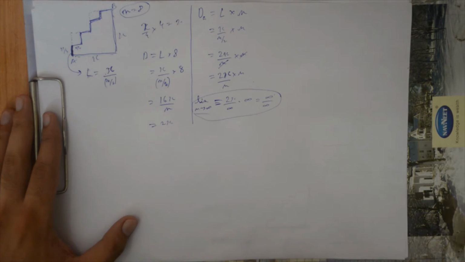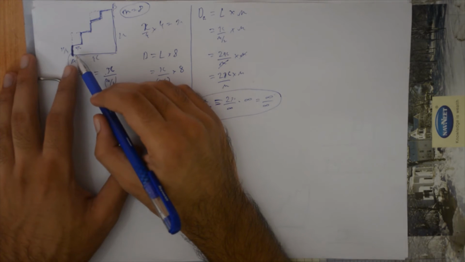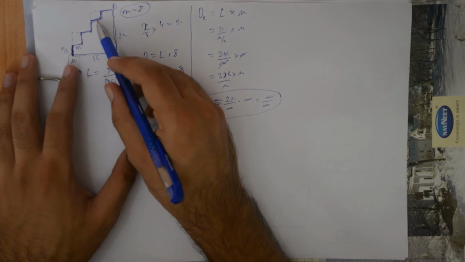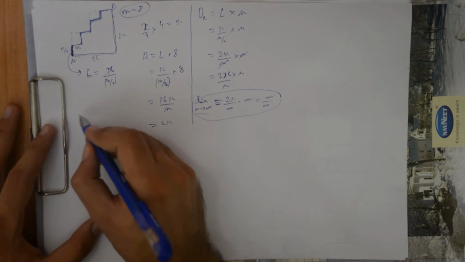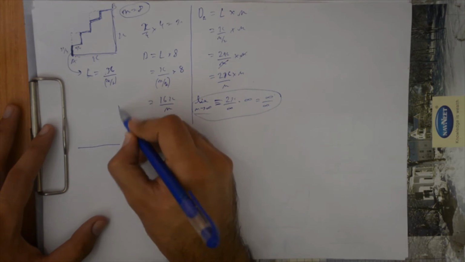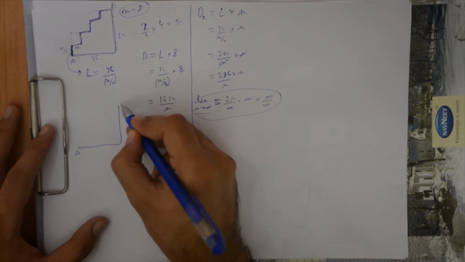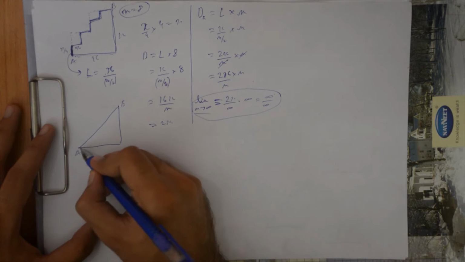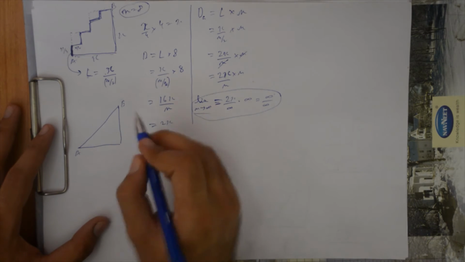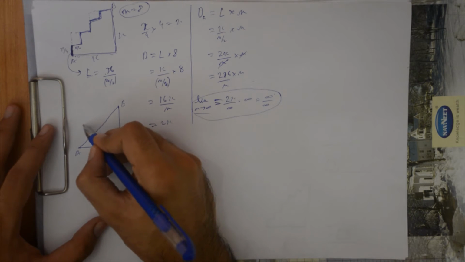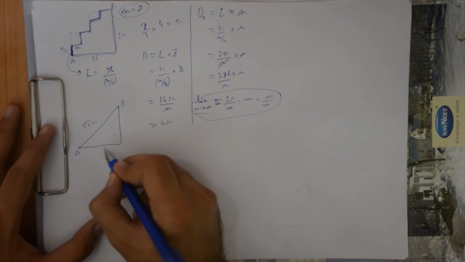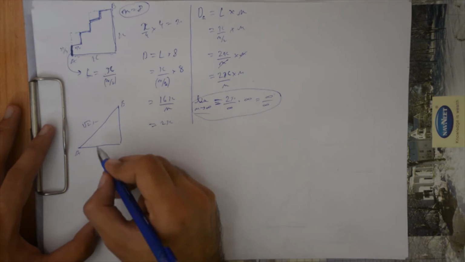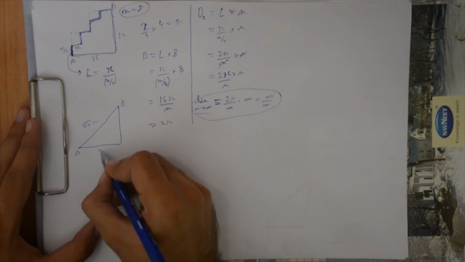So it is like a paradox, no? Because what we initially thought was that if we reduce this number of steps, this distance from point A to point B would reduce to a straight line going from point A to point B, which is equal to root 2x, as we calculated from the Pythagoras theorem.